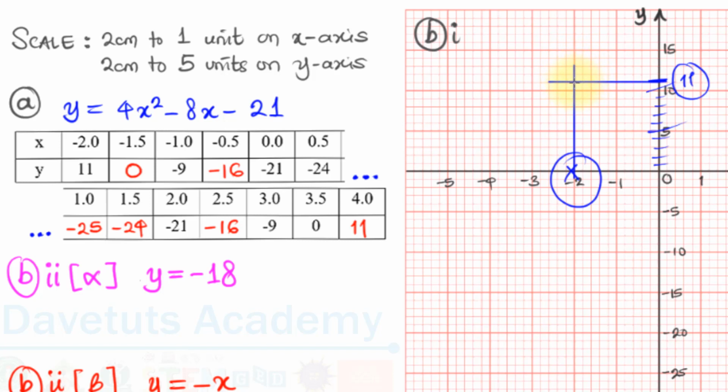Here, this point of intersection is what I need to take note of as the point of intersection of x is minus 2 and y is 11. Okay, so that is it. This is x is minus 2, y is 11. It is this location here that I shaded thickly, that is that intersection point. So that's what I need to correctly put in on the graph as a point to note.